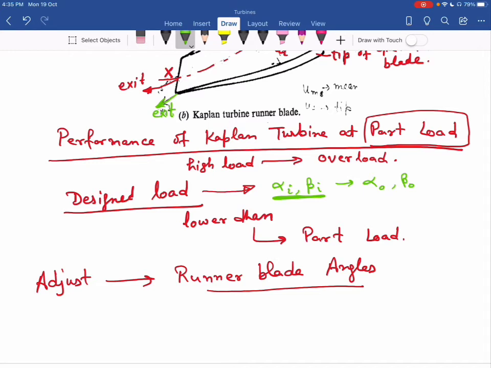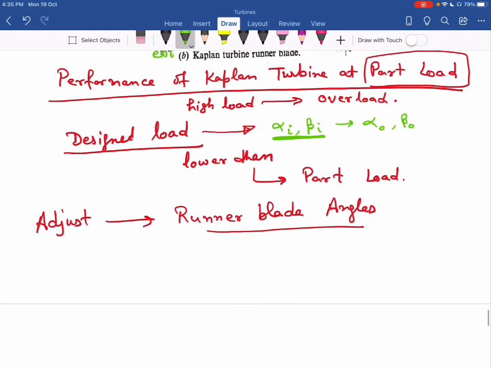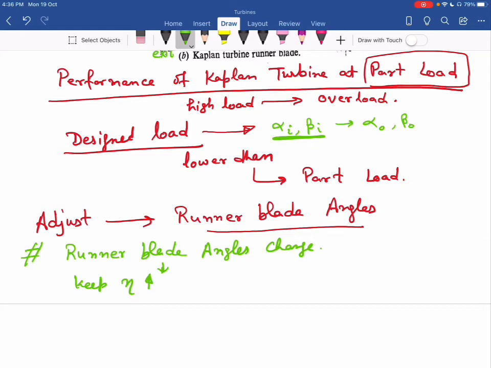So this shock-free entrance keeps the efficiency of the turbine fairly high by reducing the eddy losses at the inlet. I can write this line again: runner blade angle change keeps efficiency on the high side by reducing the shock losses, or you can say eddy losses.